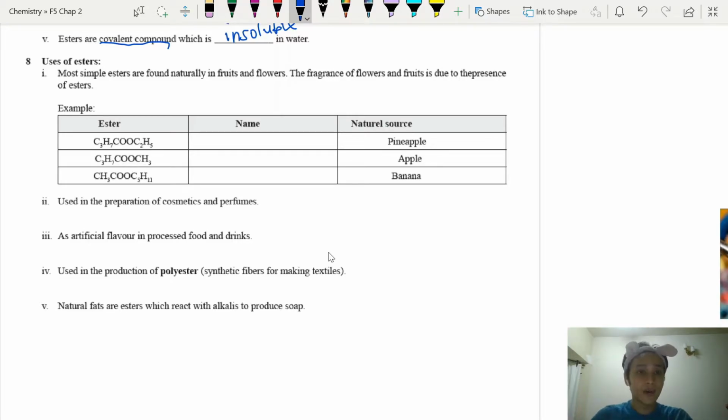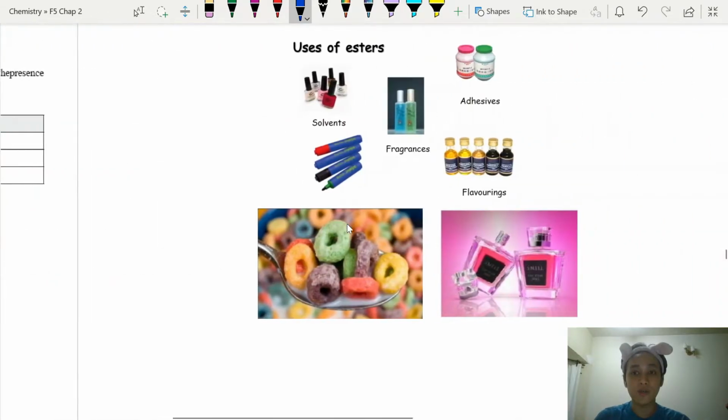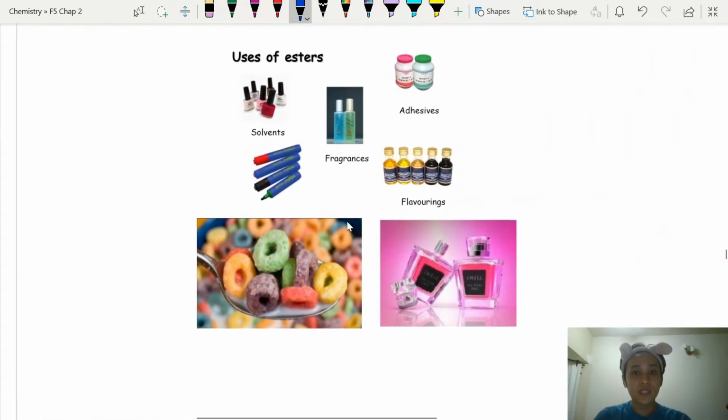For esters, a lot of the uses are in food flavoring and also in the cosmetic industry. These are a few examples of esters that you use in your daily life. This one, Fruity Loop, breakfast. You can see here you have orange, green, you have grape.